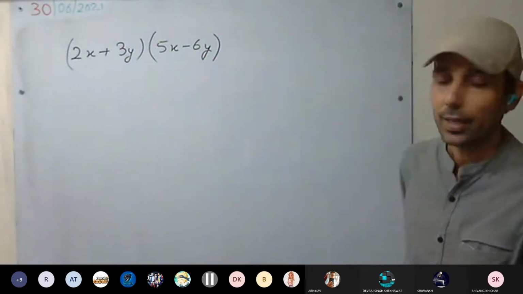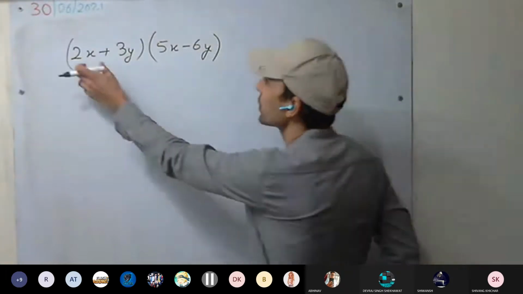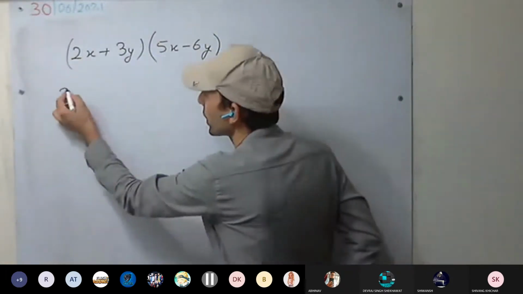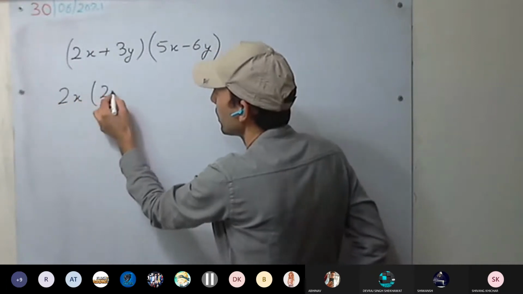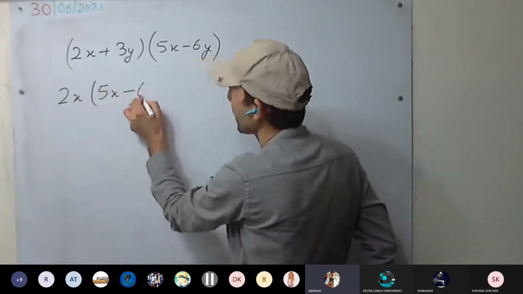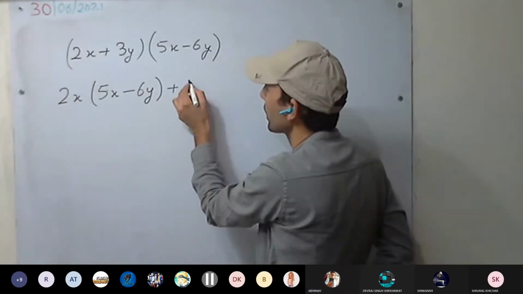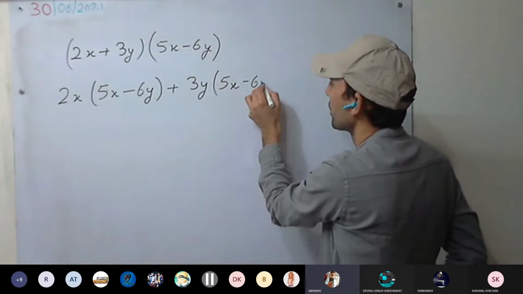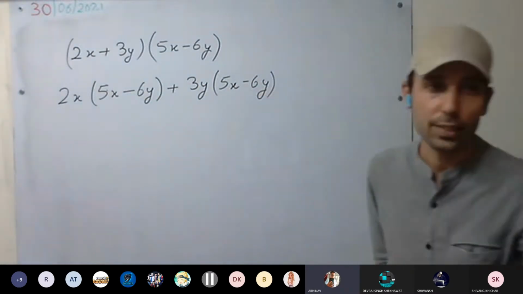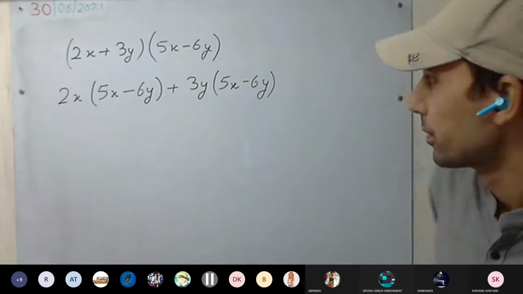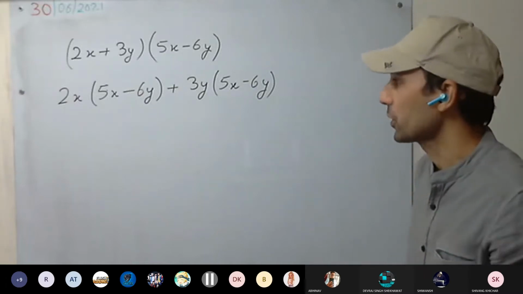Okay. Again, one of the brackets will open. 2x multiplied with this whole plus 3y multiplied with this whole. 2x into 5x minus 6y plus 3y into 5x minus 6y. I will solve it.